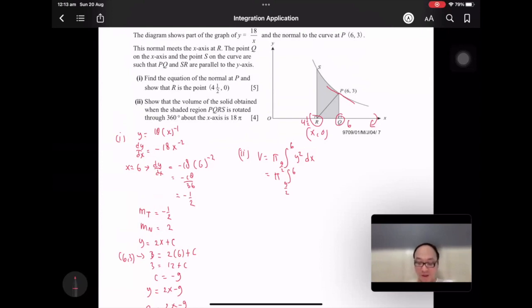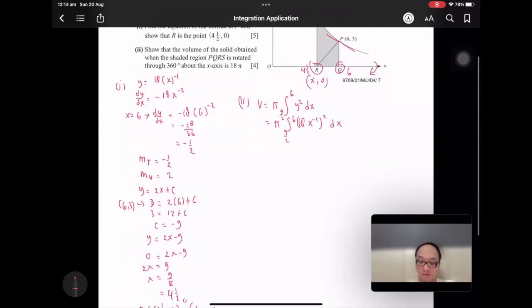So this is 18 over x, minus 1... squared dx. So this is equal to 18 squared, which will be 324. I can put it out from the integral, so 324 pi. I put it together, from 9/2 until 6, x to the power of minus 2.